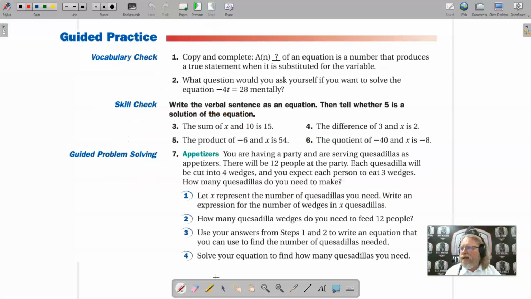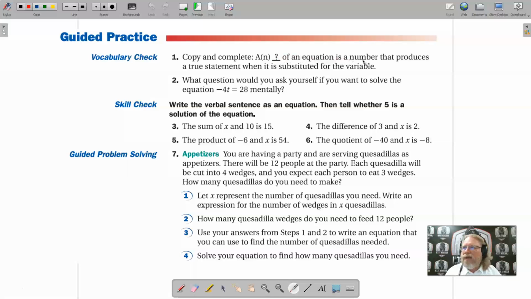All right, guided practice on this one here. Copy and complete. A blank of an equation is a number that produces a true statement when it is substituted for the variable. So that would be a solution.